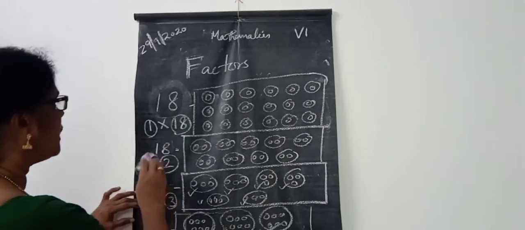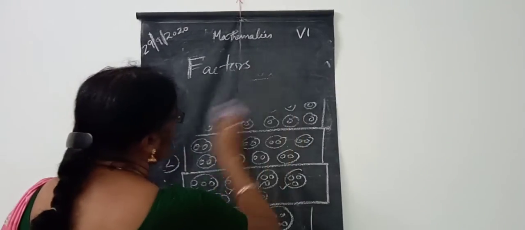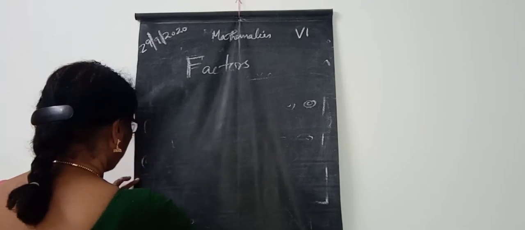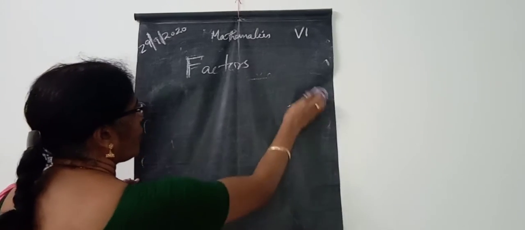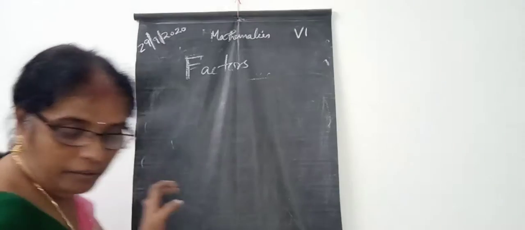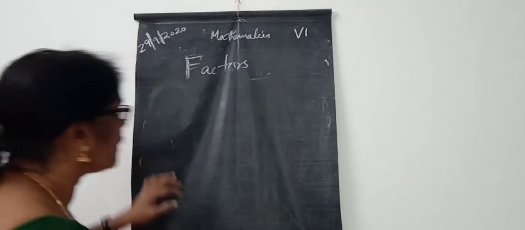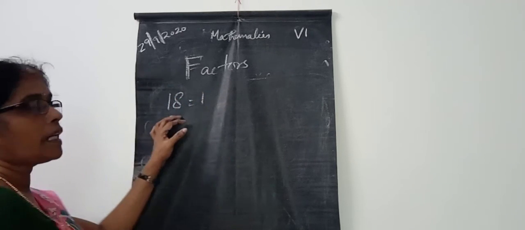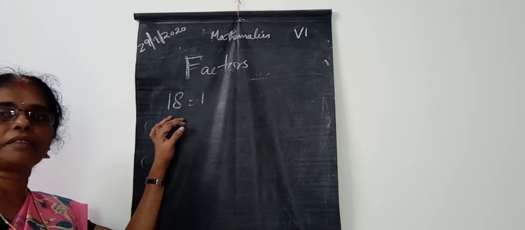Okay. Then which are the factors of 18? That is 1 and 18, which are already the factors of that number.